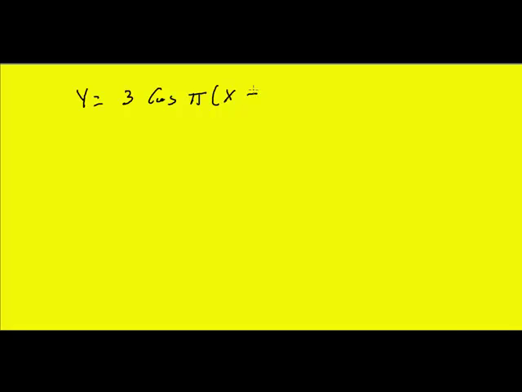Let's say this time, plus 2. And then let's go minus 3. That's my amplitude. Amplitude is 3. That's my frequency. Excuse me, no, 4 is pi. So frequency is pi.